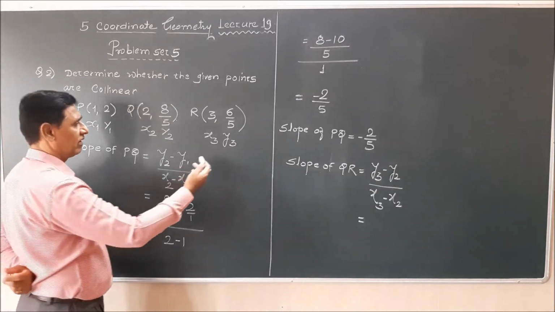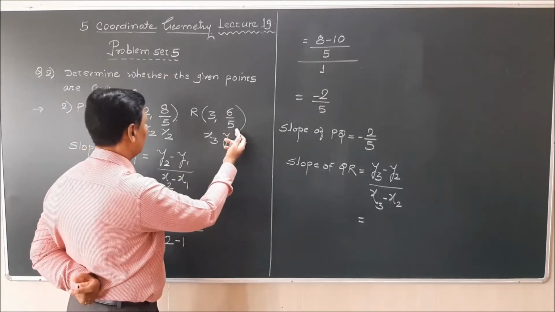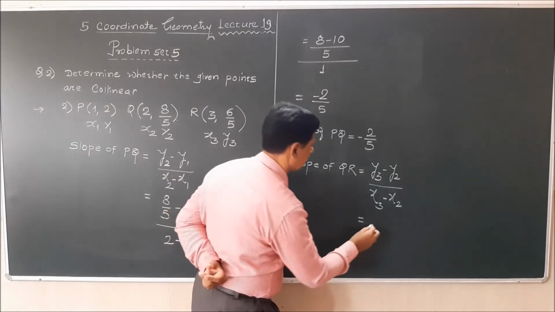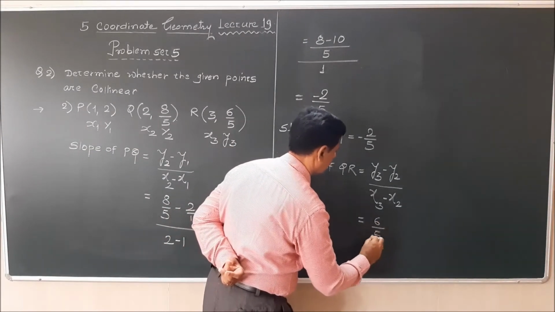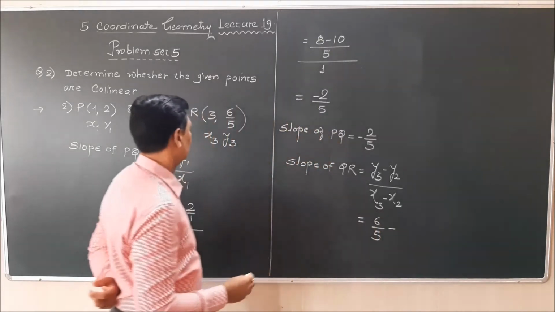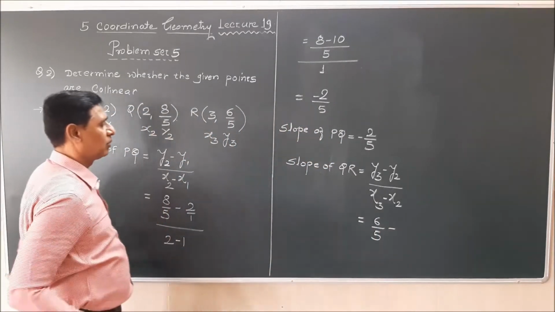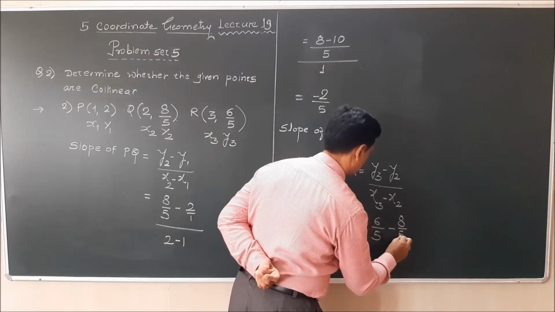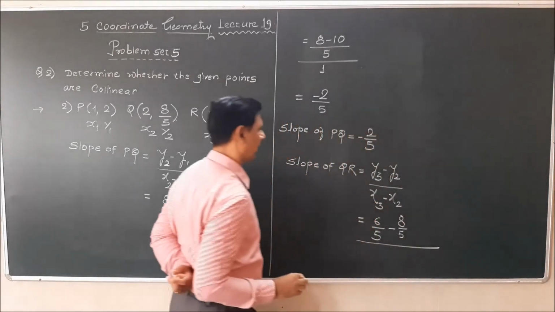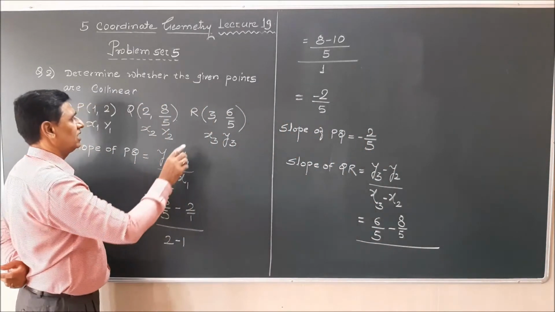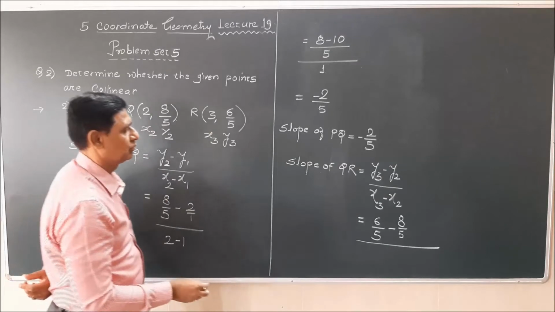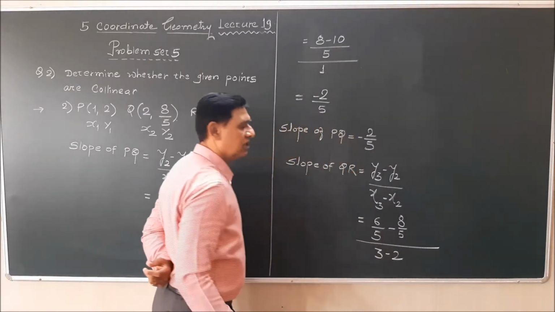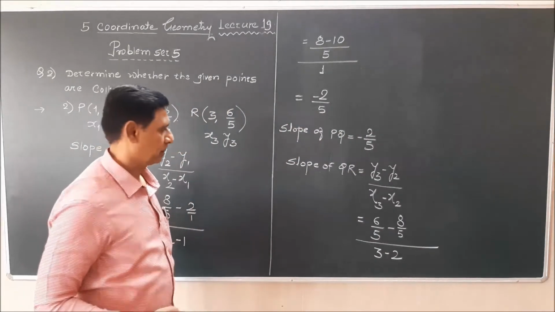Now what is the value of y3? y3 is 6 upon 5, while that of y2 is 8 upon 5. So 6 upon 5 minus the value of y2, 8 upon 5, whole divided by x3 minus x2, that is 3 minus 2. 3 minus 2 is of course 1.